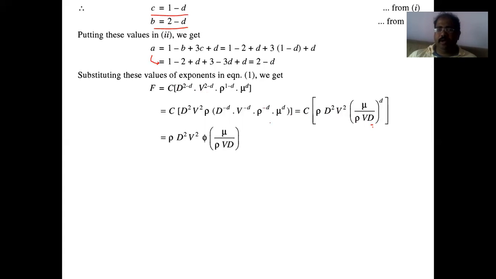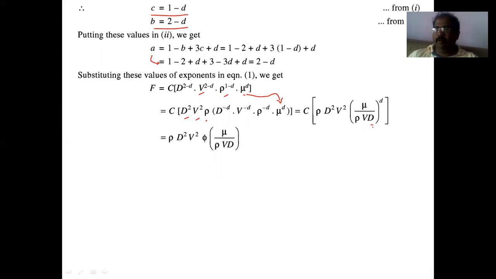Okay, so here we are writing D raised to power 2, V raised to power 2, rho raised to power 1, and mu raised to power D. Here mu raised to power D, we just bifurcate in the D part.